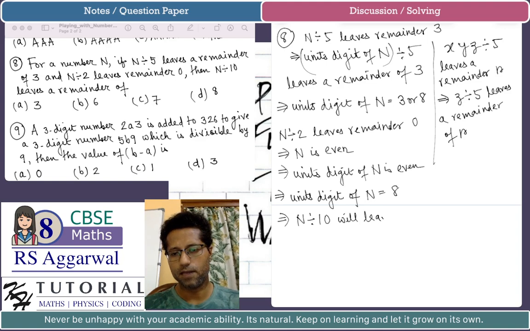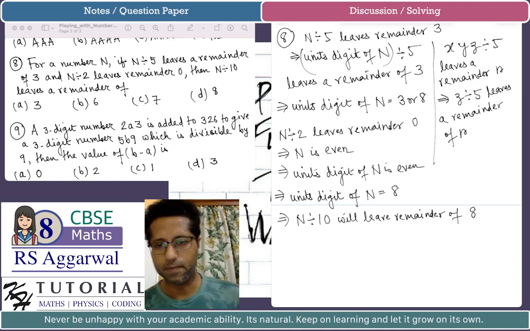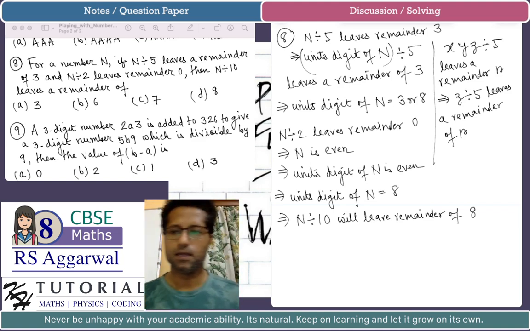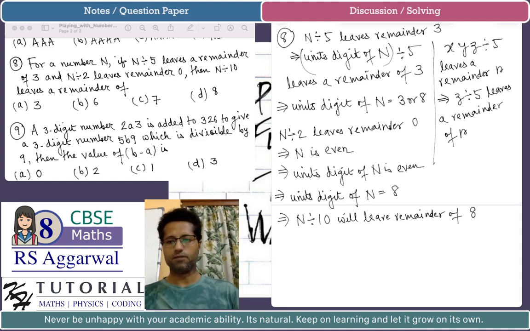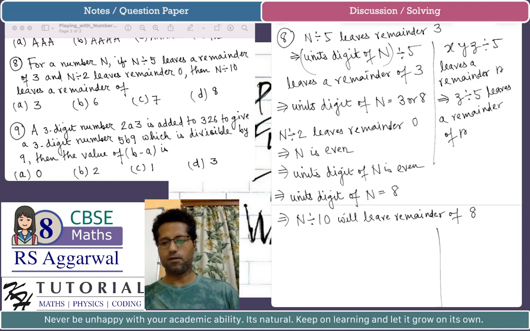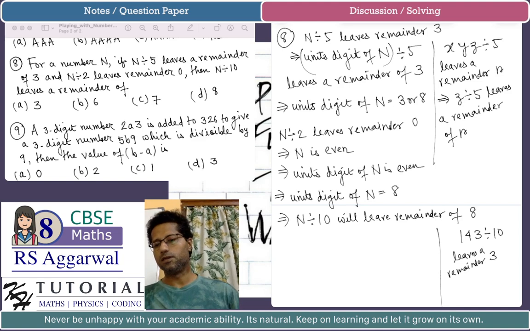Okay, so if the units digit of n is 8, this implies n divided by 10 will obviously leave a remainder of 8. Now when a number is divided by 10, the remainder it leaves is basically nothing but the units digit of the number. If you consider any number, 143, if you divide by 10, it leaves a remainder 3, which is the digit at the units place.